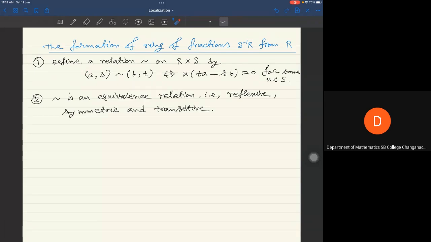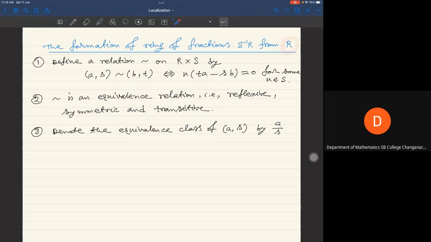Then the equivalence class of this ordered pair (A, S) we can denote by A by S. So this is just notation, I should say. Okay, so you have this commutative ring with identity.